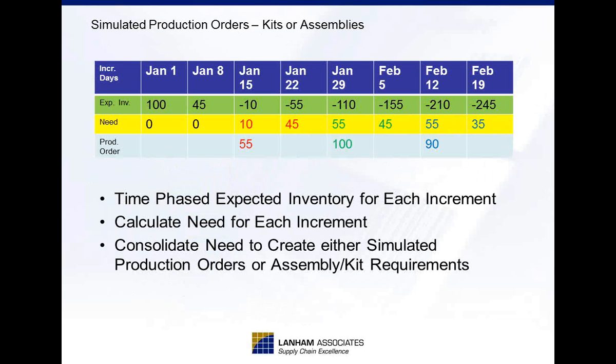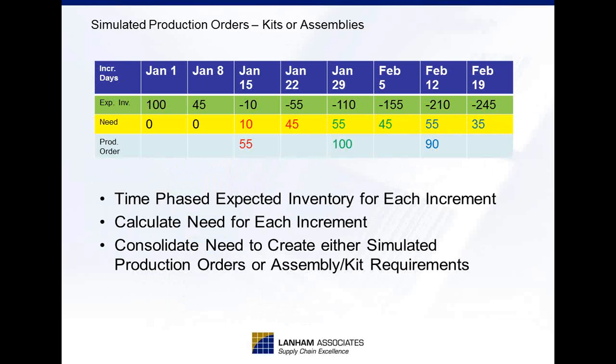So it would say you need to produce 55 units on the week of January 15th. It continues to go out as far out as we need to, and we set this as a parameter. And normally that parameter is set as far as the longest lead time of any component, because you're always wanting to project out as far out as you need to buy.